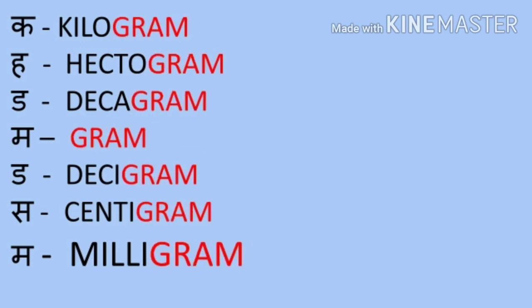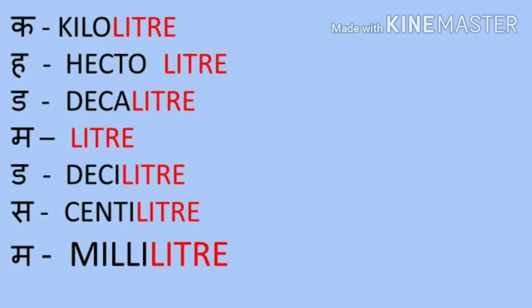If you are talking about gram, then it will be Ka for kilogram, Ha for hectogram, Da for decagram, Ma for gram, Da for decigram, Sa for centigram and Ma for milligram. If we are talking about liter, Ka for kiloliter, Ha for hectoliter, Da for decaliter, Ma for liter, Da for deciliter, Sa for centiliter and Ma for milliliter.